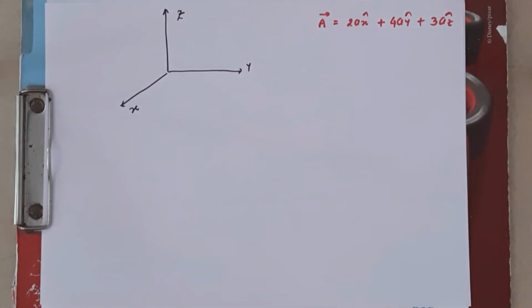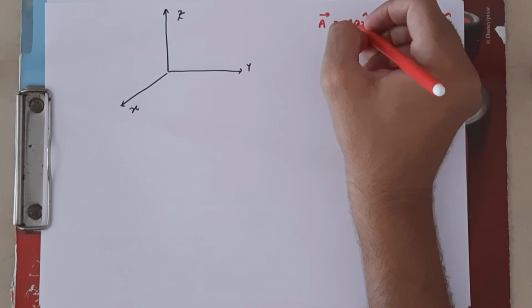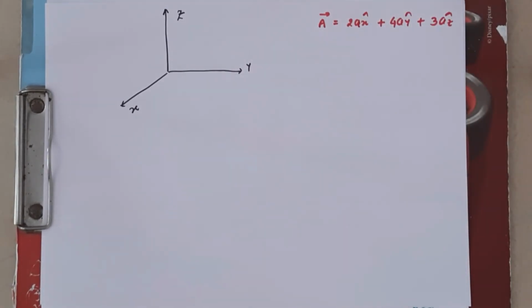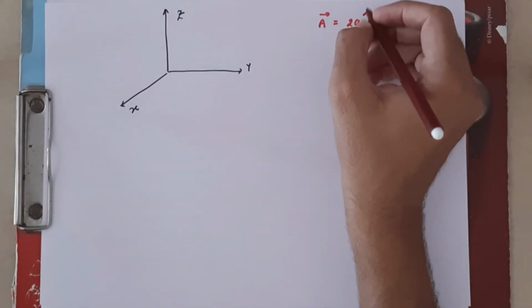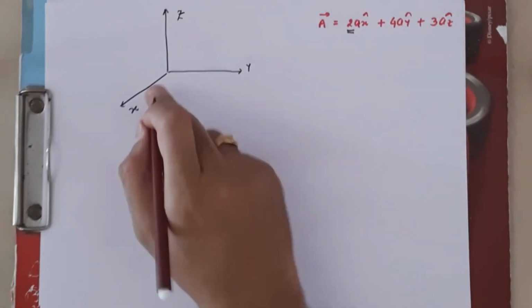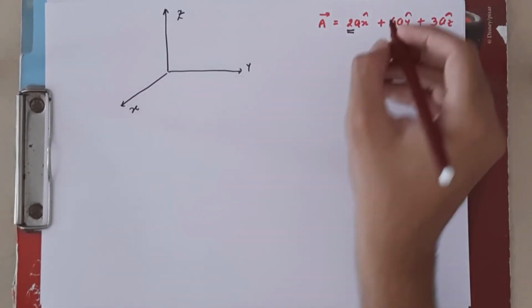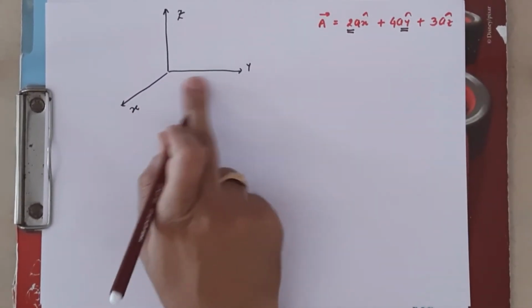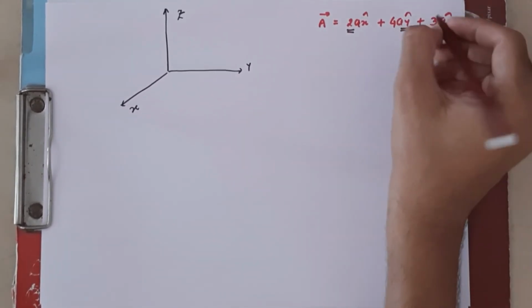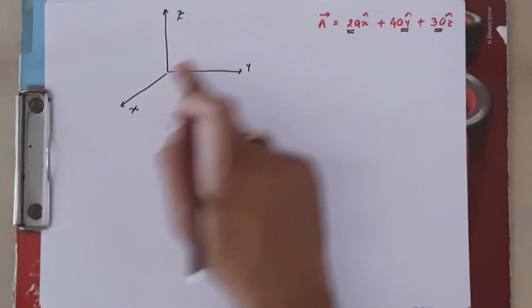What do these values indicate? They indicate the weightage of vector A in the x direction is 2, in the y direction the weightage is 4, and in the z direction the weightage is 3.